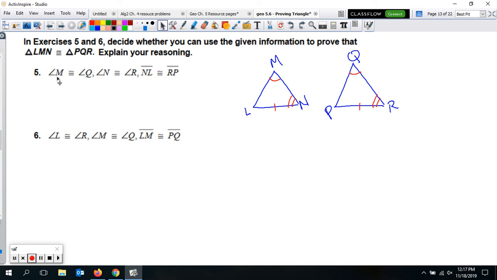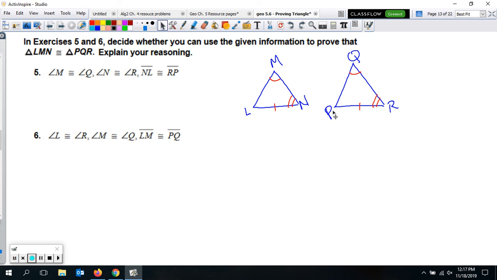And then I just start marking off what's congruent. So it says angle M and angle Q are congruent. So M and Q, I put 1 mark there for those angles. And then these angles, N and R, are also congruent. I put the 2 marks for N and for R. And then side NL and side RP. So right here, NL and RP are congruent.